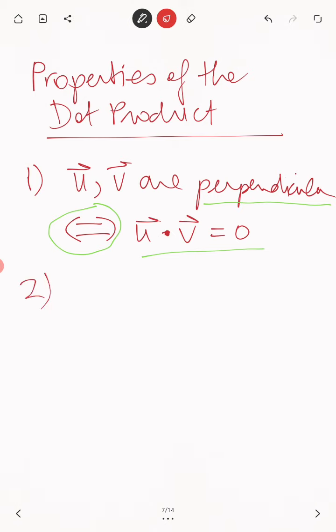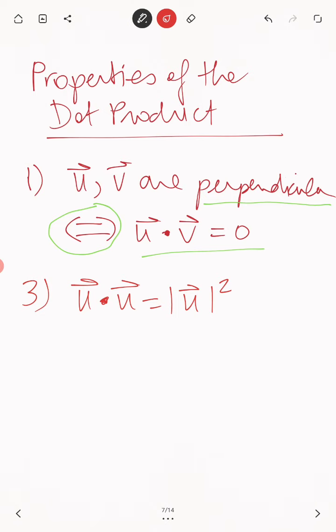The second property I want to highlight is number 3, which is that for any vector u, u dot u, so a vector dotted with itself, is actually equivalent to the magnitude of that vector squared.